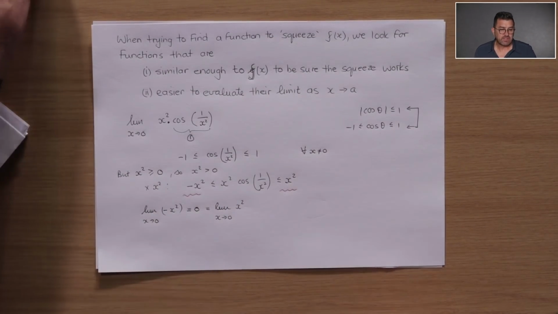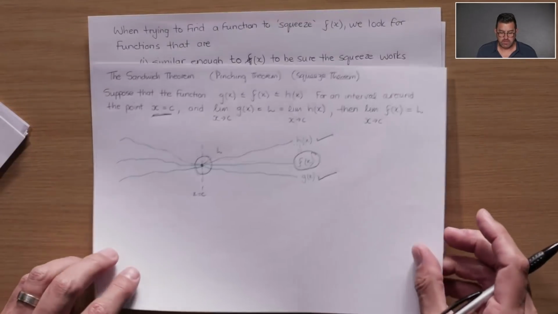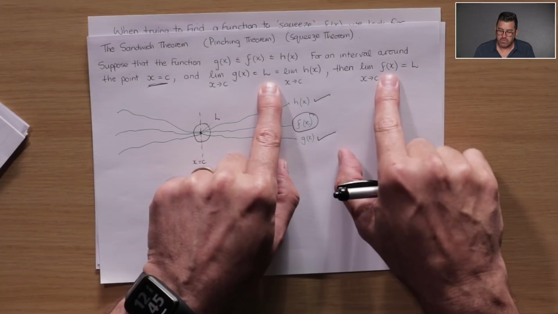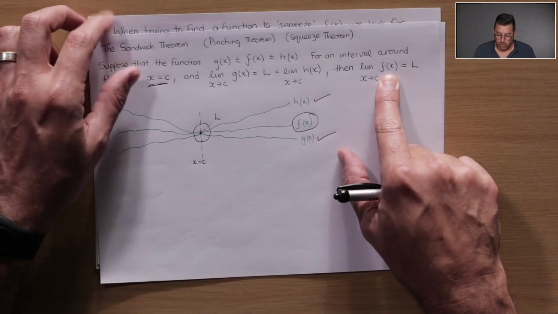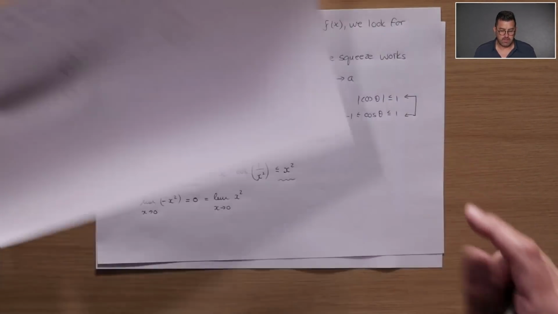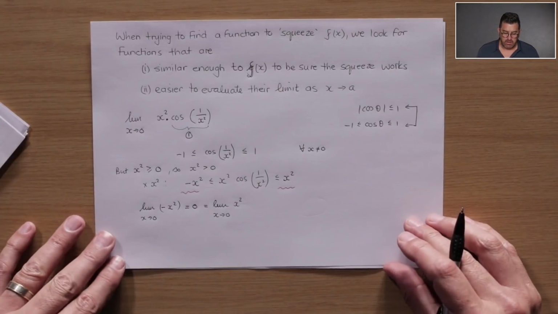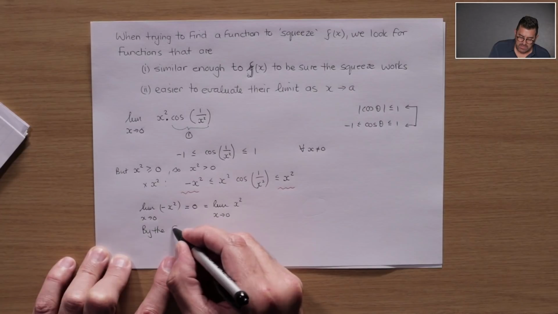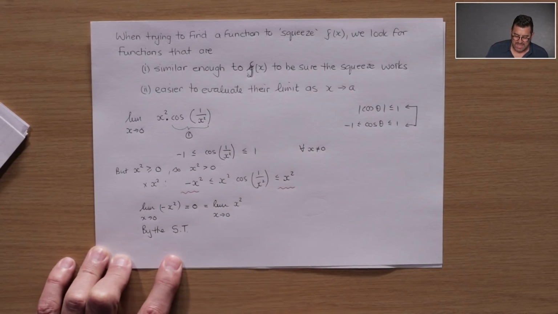Now, folks, I think if we look at what the theorem said, look at it. It says if the top and the bottom go to the same value, the middle will also go to the same value. So we can say now, by the, I'm going to write Sandwich Theorem as ST. You must please write it out.